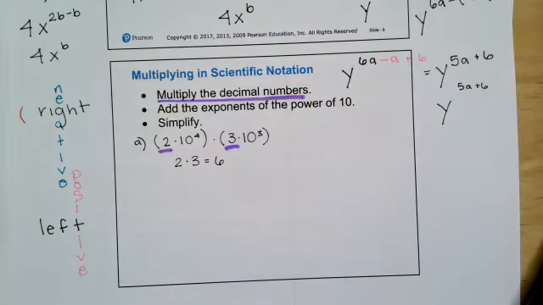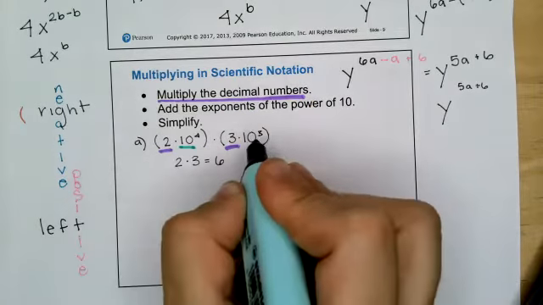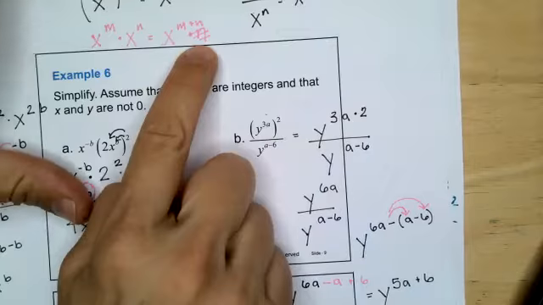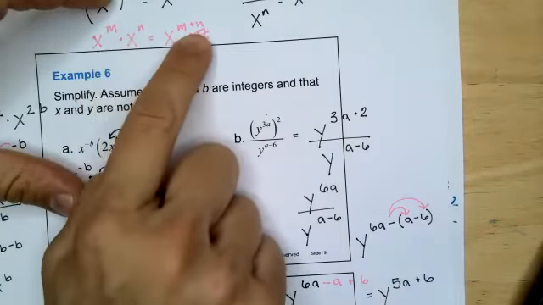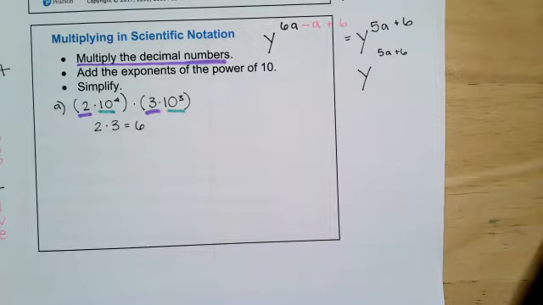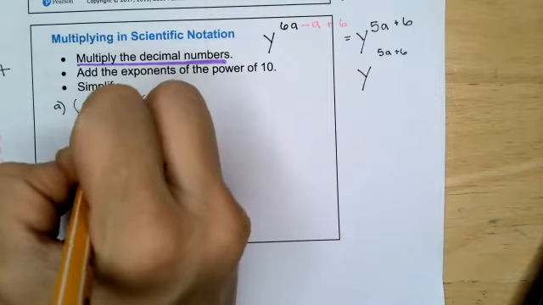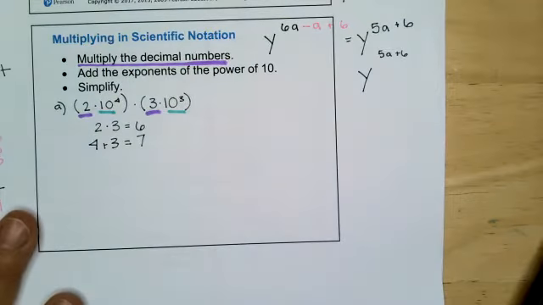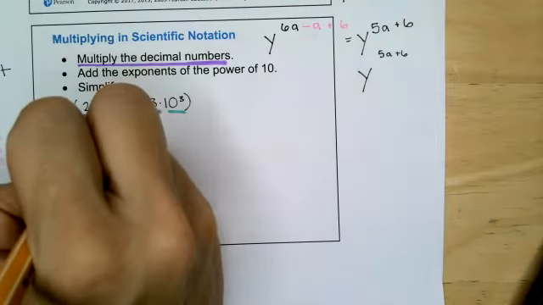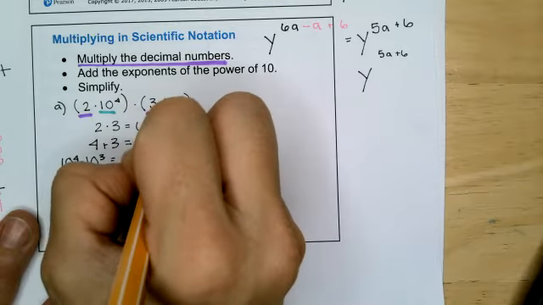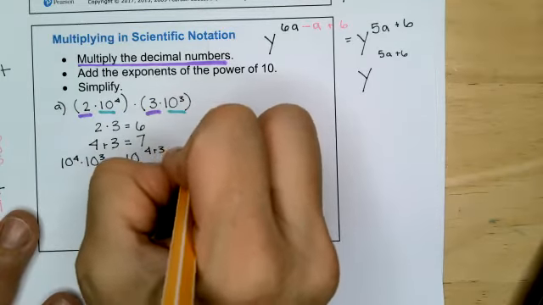And then add the exponents of 10. Just like the rule for combining exponents when you're multiplying the same base with different exponents, you add the exponents. So 2 times 3 is 6, and 10 to the 4th times 10 to the 3rd is 10 to the 4 plus 3, which is 10 to the 7th.